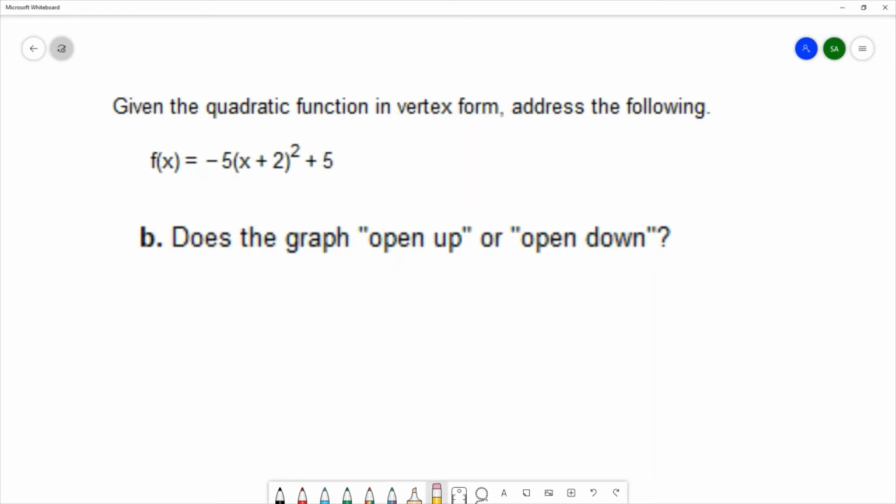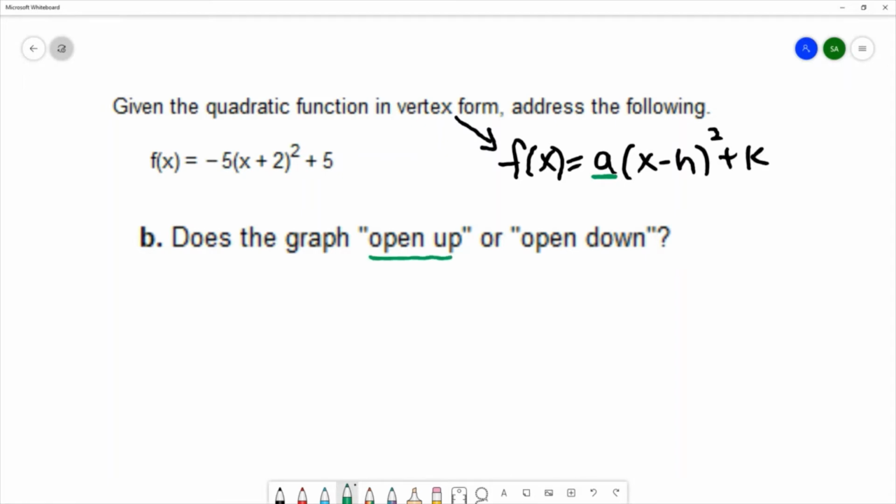For our next part, we want to know, does the graph open up or open down? Once again, our function is in vertex form, which is f of x equals a times (x minus h) squared plus k. And in the vertex form, the coefficient a is going to tell us whether the graph opens up or opens down.